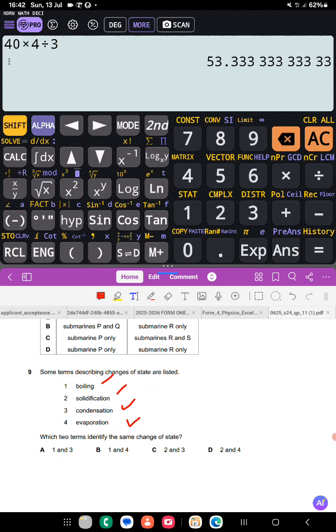Evaporation is also changing from liquid to vapor. That means 1 and 4. So the answer will be B, because boiling involves change from liquid to vapor as well as evaporation. So these are basically talking about the same change.